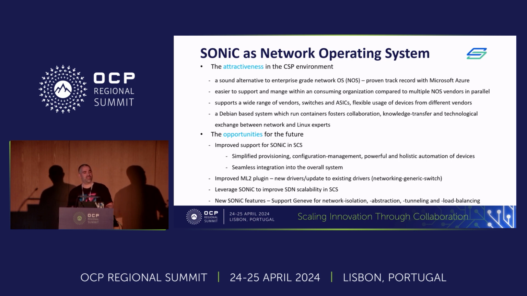Our job is to provide a good setup and good documentation about how to set up a cloud with a SONiC layer 3 underlay. We are also trying to add new SONiC features, for example, for Geneve network isolation, abstraction, tunneling, and load balancing.